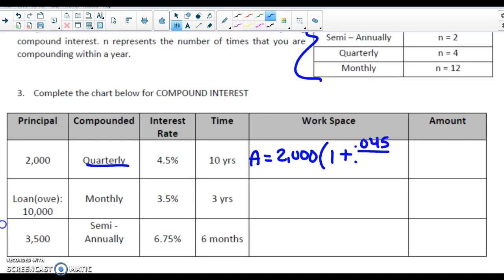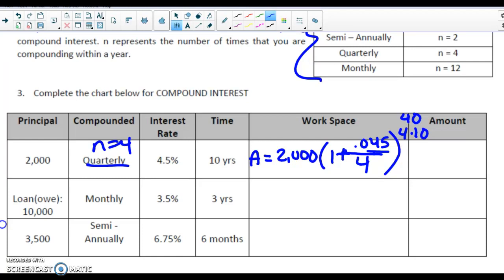Since it's compounded quarterly, that means I'm going to use 4. This is going to happen 4 times throughout the year. Then I'm going to raise it to the 4 times years. So 4 times 10, or in other words, just raise it to 40.